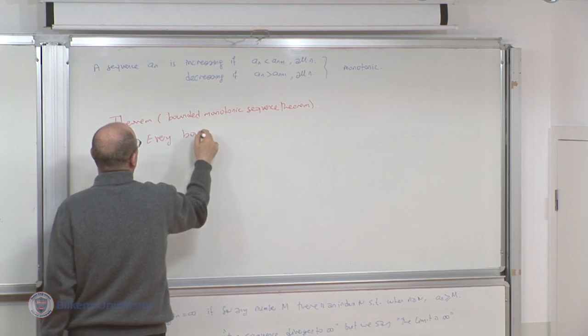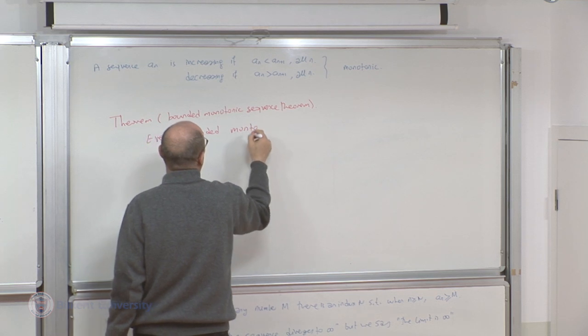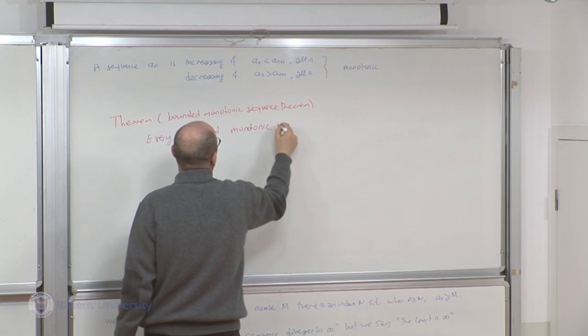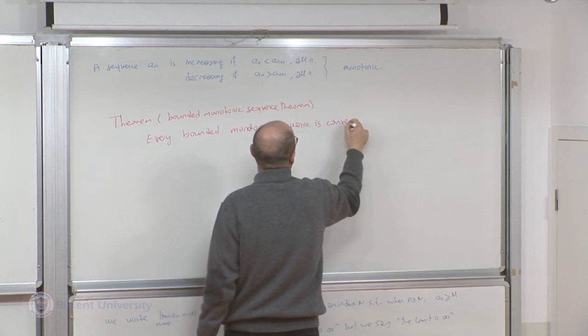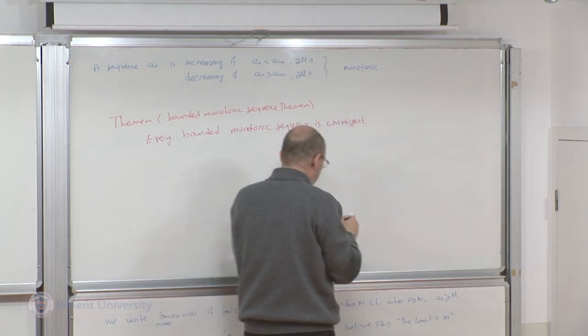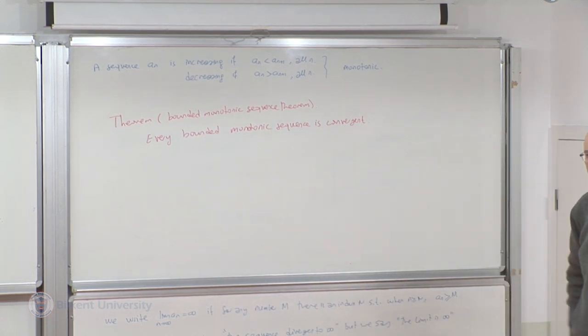Every bounded monotonic sequence is convergent. That means it has a real limit. It doesn't go to infinity. It doesn't dance around different numbers. It converges to a real number.